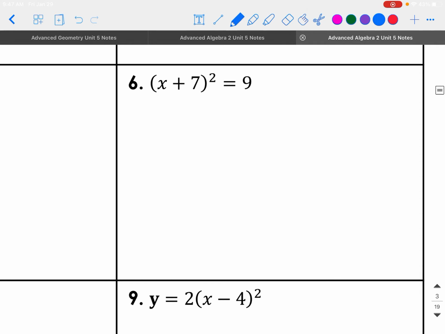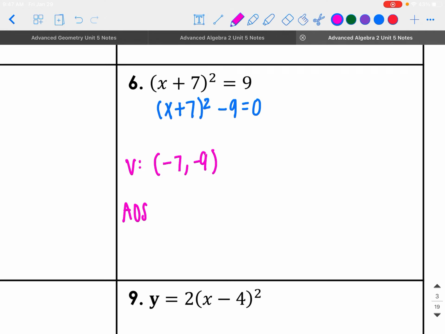Okay, number 6. Again, (x plus 7) squared. This is going to become a minus 9 equals 0. So my vertex, negative 7, negative 9. And my axis of symmetry is x equals negative 7.